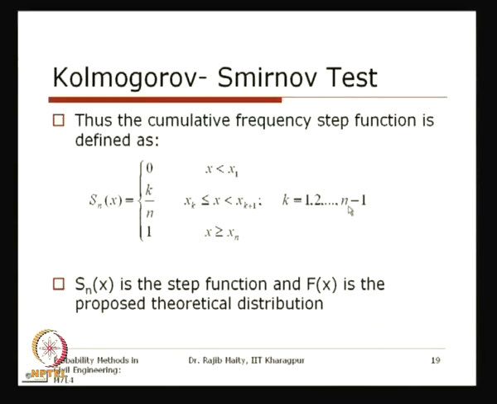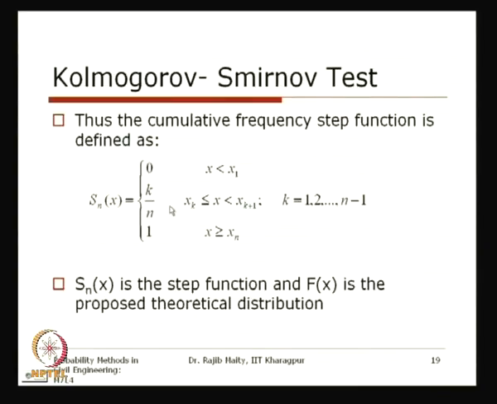And for x greater than or equal to xn it is equal to 1. So this is the representative cumulative distribution directly from the data, and at each point this value is changing, so it will look like a step function.